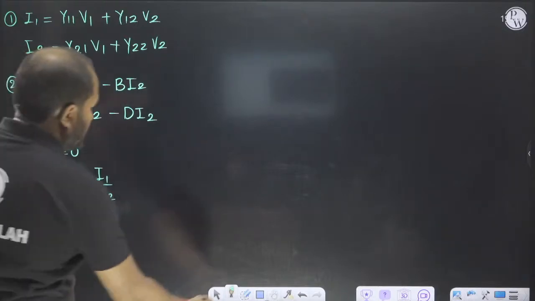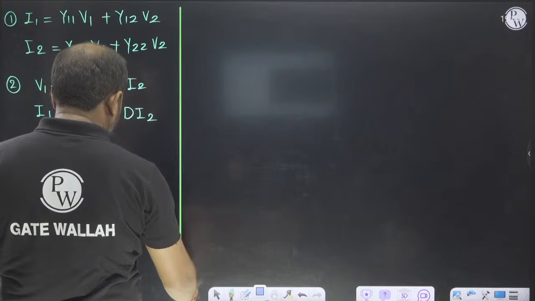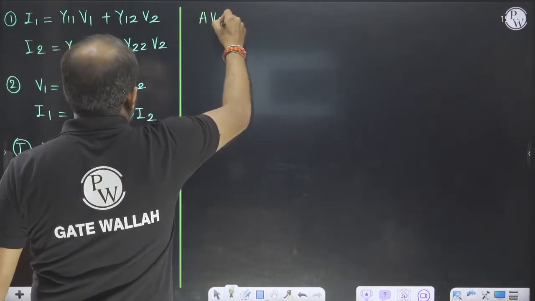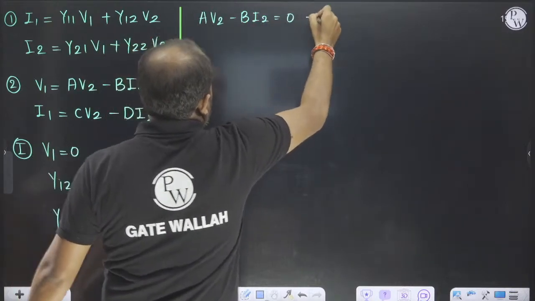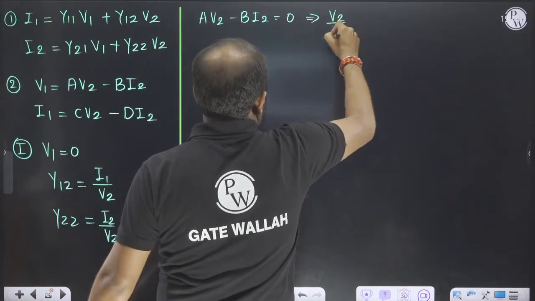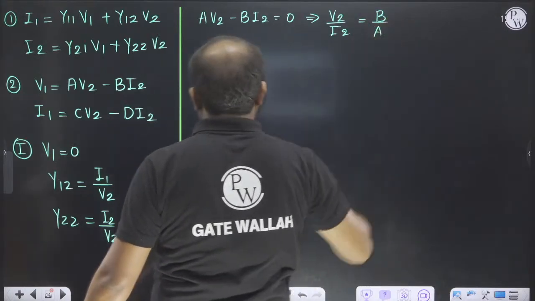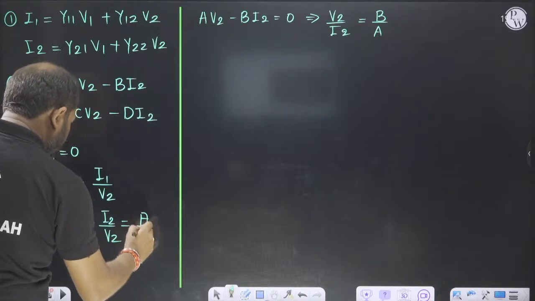So I will make V1 equal to 0. If V1 is equal to 0, A V2 minus B I2 is equal to 0. That means V2 upon I2 will be equal to B by A, so I2 upon V2 will be A by B.